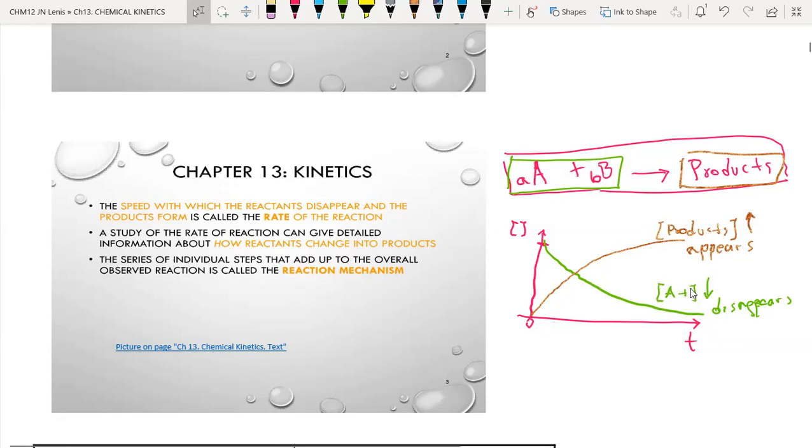I forgot to write the B here. We can measure how fast concentration of A disappears. We can measure how fast concentration of B disappears. If you measure one of those, you can know what is the overall speed of the reaction. So you can measure only one, or you can measure both, depending on the reaction, depending on your needs, depending on what you are doing with your chemical reaction.